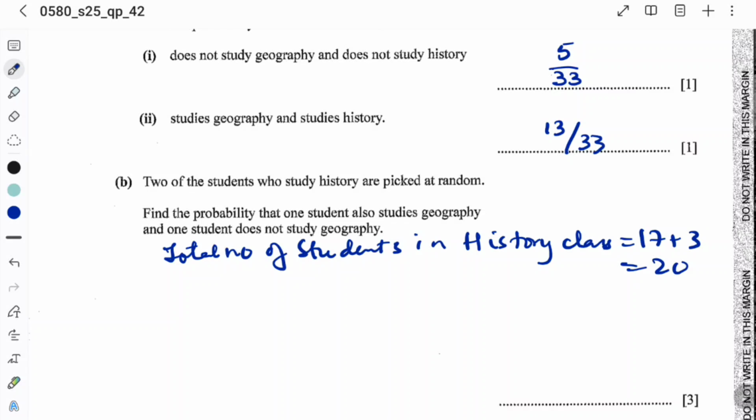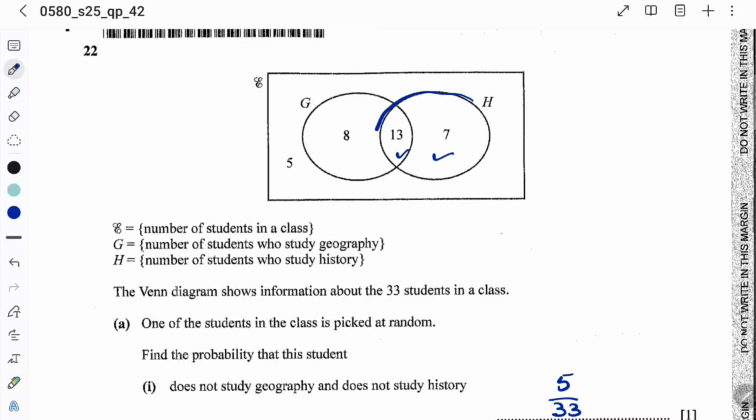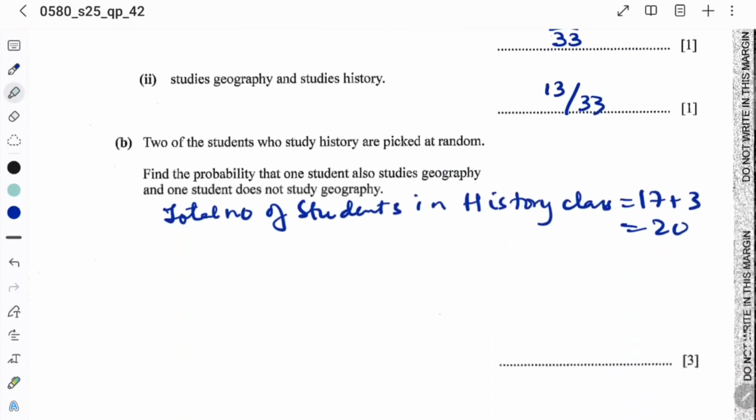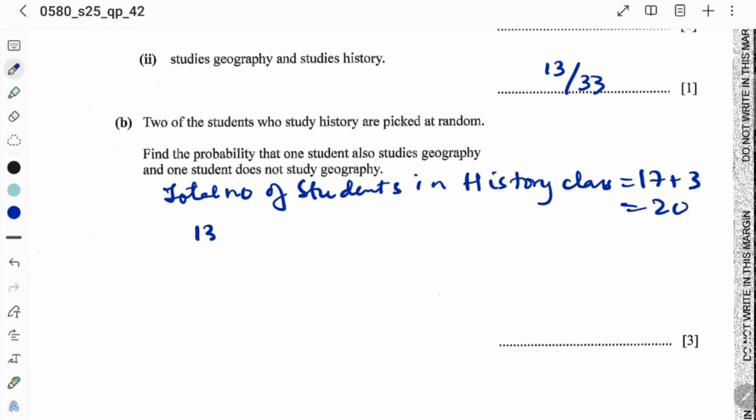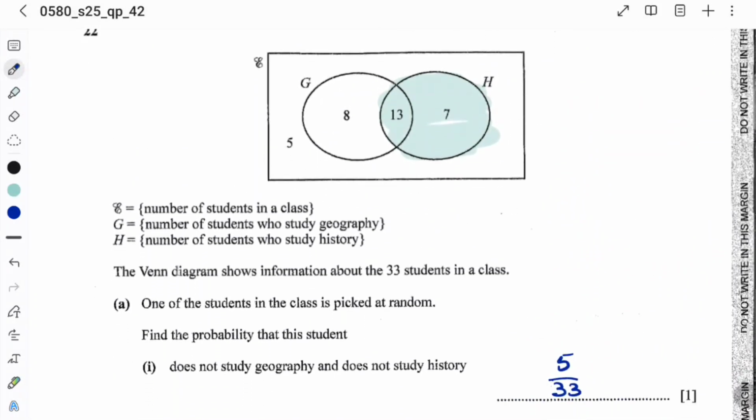Find the probability that one student who studies geography, we are taking from history. We are just looking from here. How many students are taking geography? There are 13. So write down 13 over 20 for one student who studies geography. Now we multiply by one student who does not study geography. How many students are not studying geography?